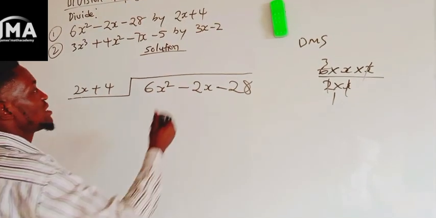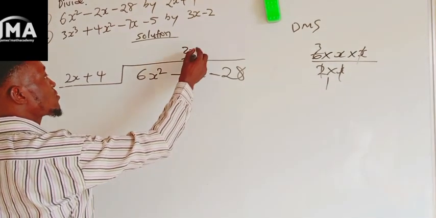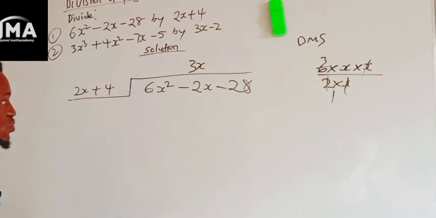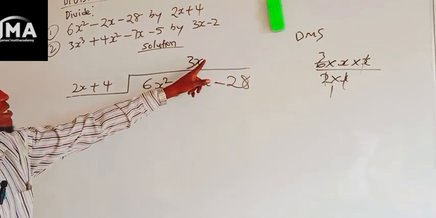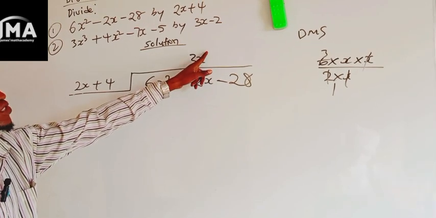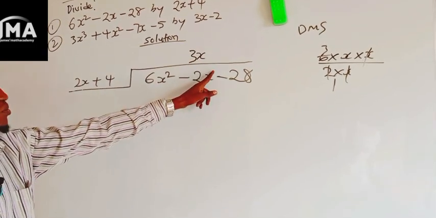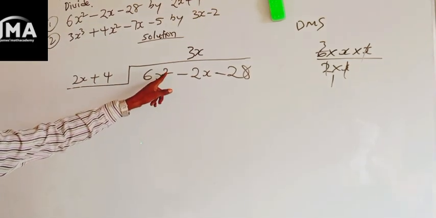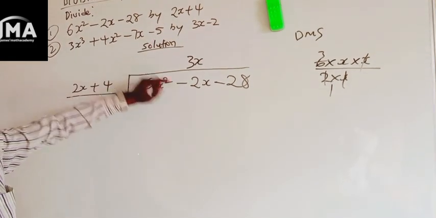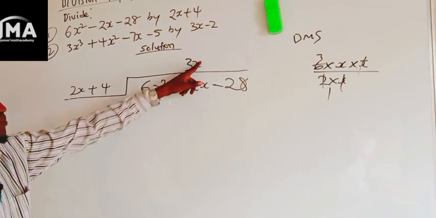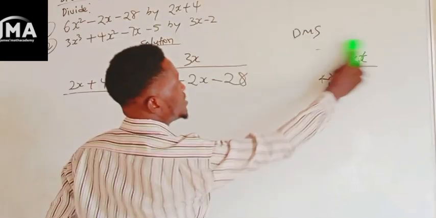So the 3x will be written at the top of the minus 2x. Why? Because this x squared is raised to power 2, so I cannot start from this place. So that's why I started from this place. Okay, so we are done with our division.